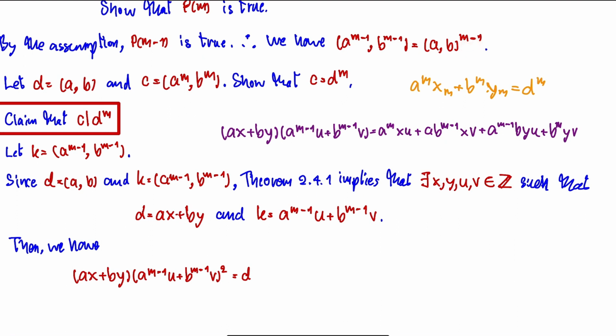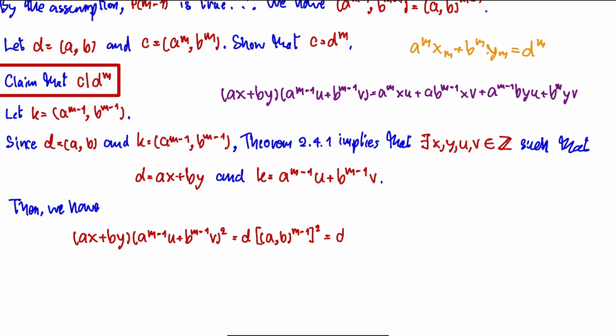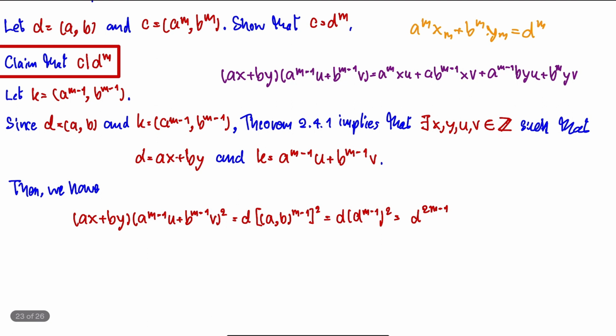So by P1, or by the assumption, we have the greatest common divisor of a and b raised to the m minus 1, raised to the power of 2. And we have d times d to the m minus 1 squared, which is d to the 2m minus 1, like this. This is what we have right here.